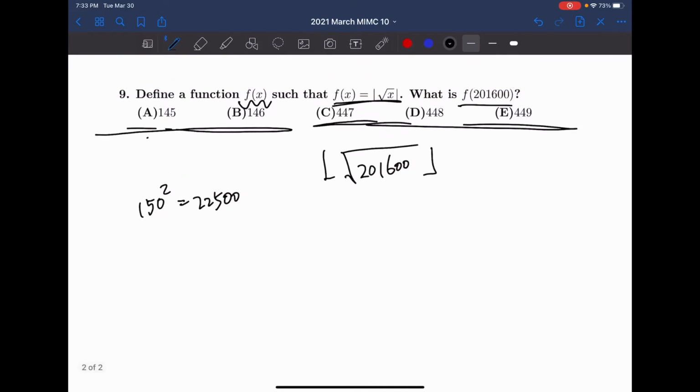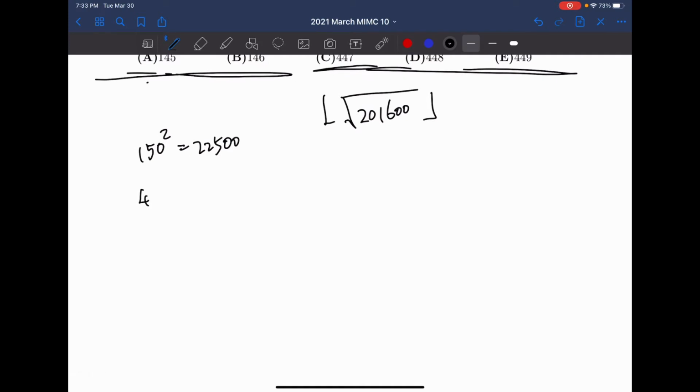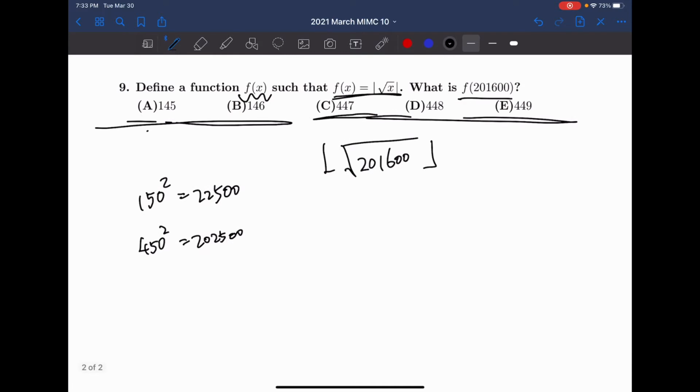That is definitely way far away from the actual number that we want to calculate. So it must be around 450. 45 squared would be 202500. That will almost be there.